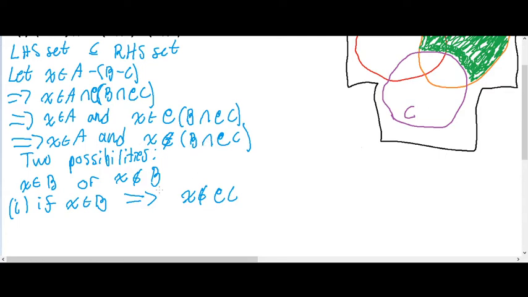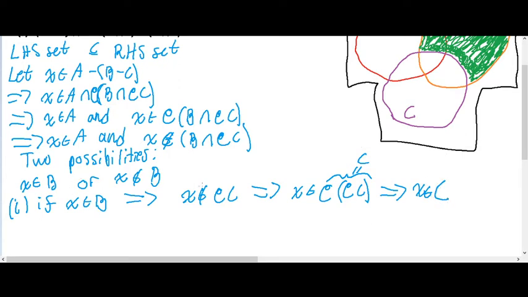So, if x is in B, then if x were also in the complement of C, x would be in B intersect the complement of C, which would contradict the fact that x is not in B intersect the complement of C. So, since x is in B, x is not in the complement of C, which is the same as saying that x is in the complement of the complement of C. And we've proven in a previous video that this set is the same as C, so that means x is in C.